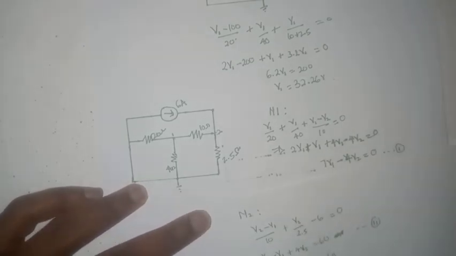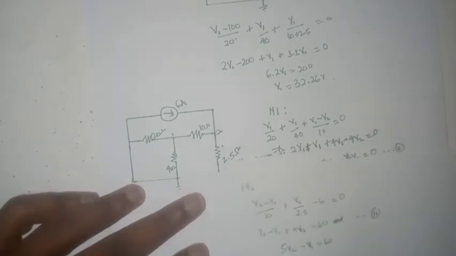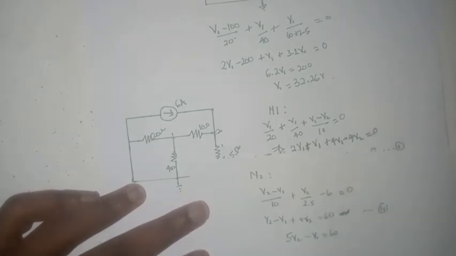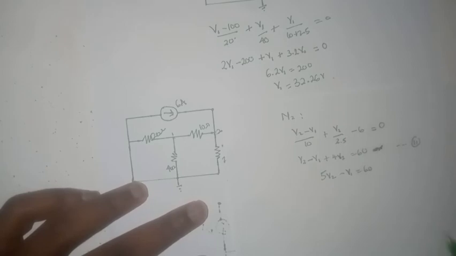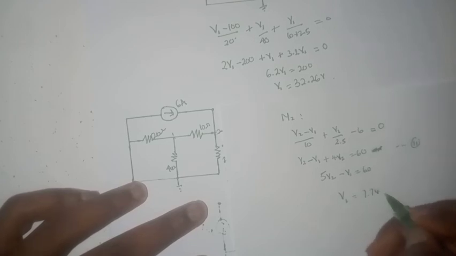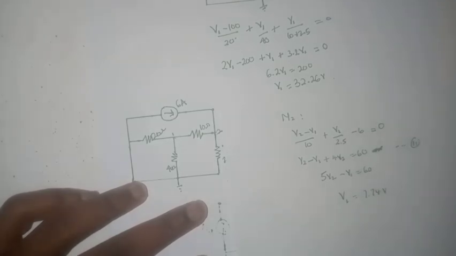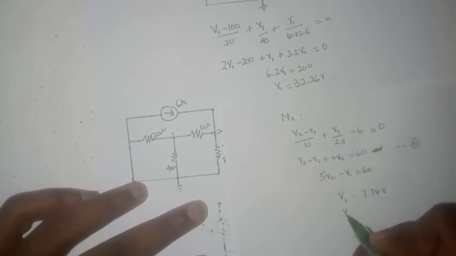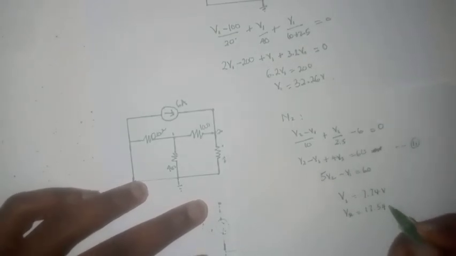We can solve it simultaneously with the first equation, and we'll get a value for V1 and V2. The value of V1 in this case would be 7.74 volts, and V2 would be 13.54 volts.